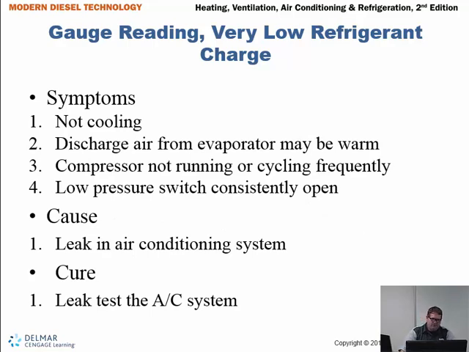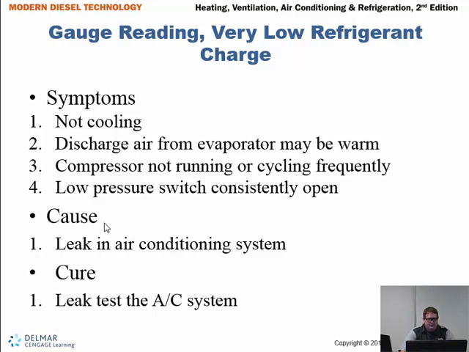Same symptoms: not cooling, discharge from the evaporator may be warm, compressor not running or cycling frequently. So kind of like we saw on my Ranger, when it was super low, it just cycled very fast because it's running out of refrigerant on the low side very quickly, and that low side cycling switch is going to cycle. Low pressure switch consistently open.